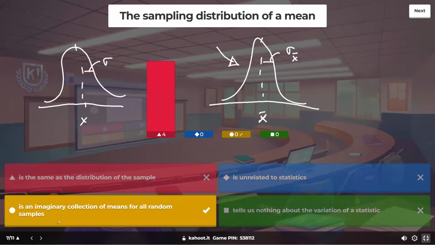Skinnier. Yeah, and that's because the thing on the right isn't the same as the thing on the left. The thing on the right is a distribution of sample averages. Not the distribution of the data, but the distribution of averages of the data.